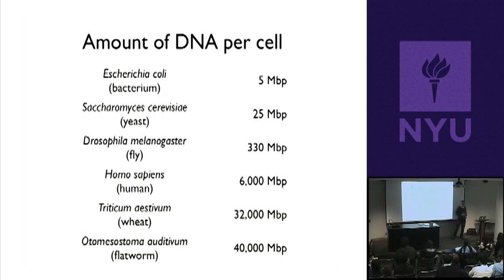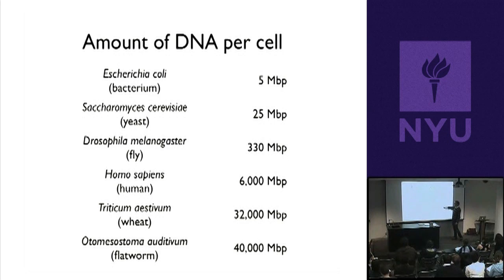Baker's yeast, brewer's yeast, each cell, 25 million base pairs of DNA. The fruit fly, again a common laboratory organism, 330 million base pairs. Humans, 6,000 million, 6 billion base pairs of DNA per cell.